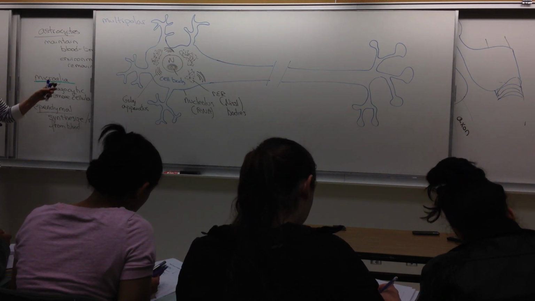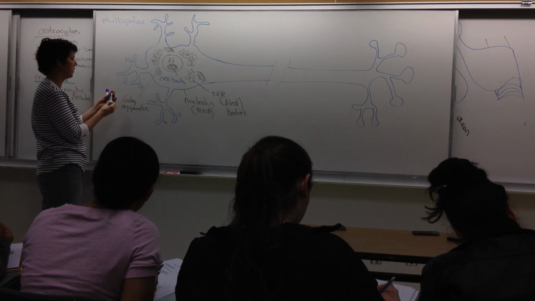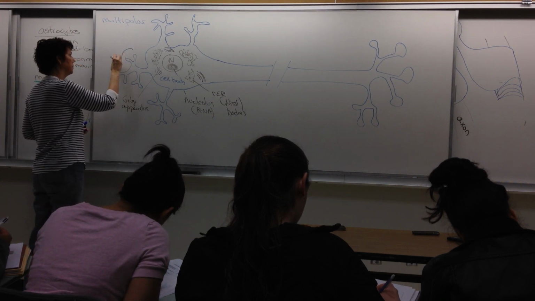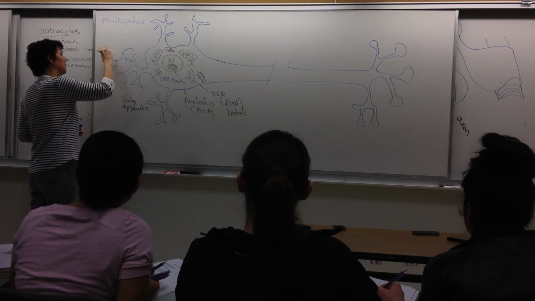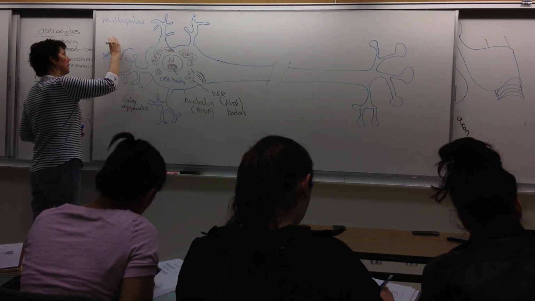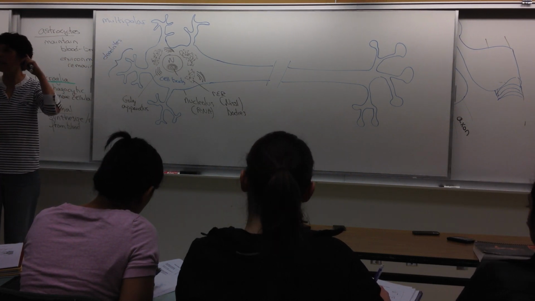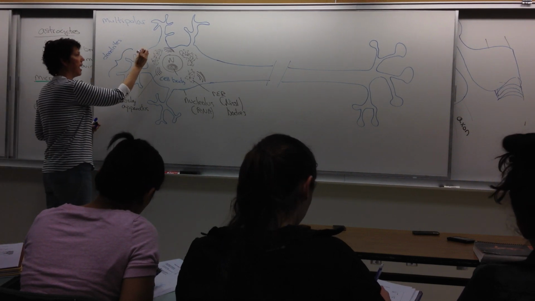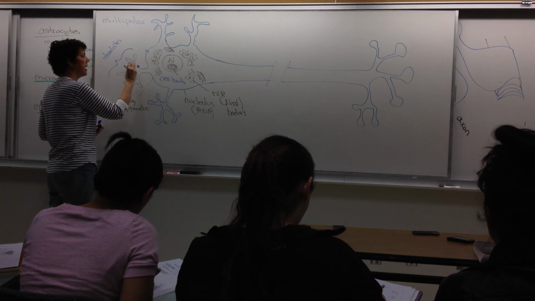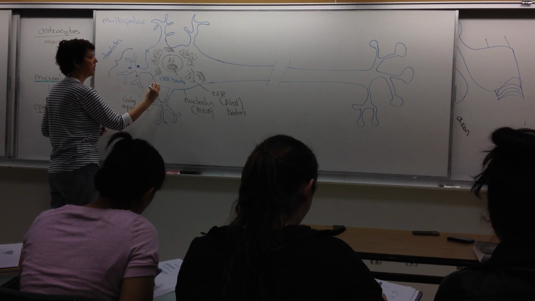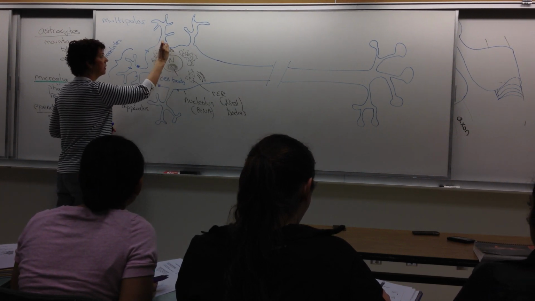Present in the plasma membrane of these branches, which are known as dendrites. These are the receptive areas. The dendrites and the cell bodies have receptors that are capable of binding the neurotransmitters released by other neurons.